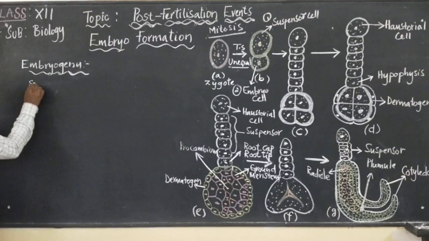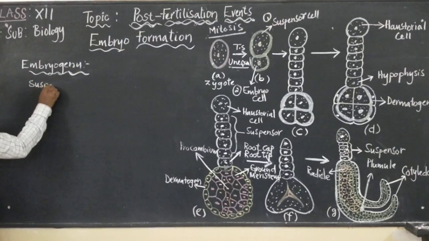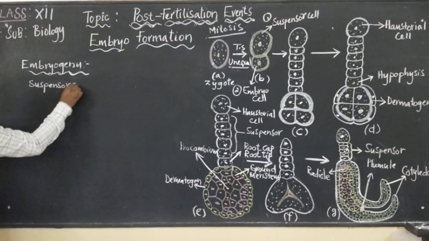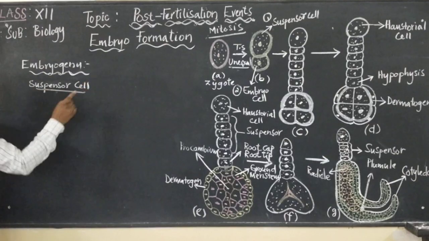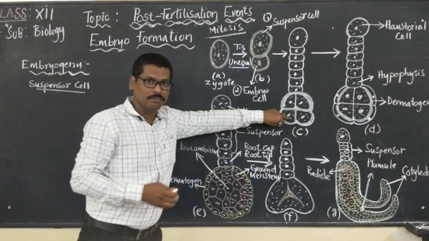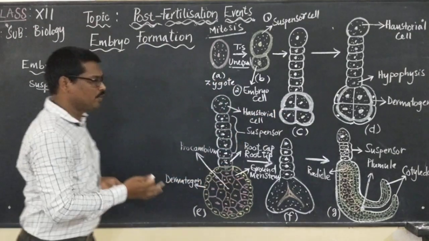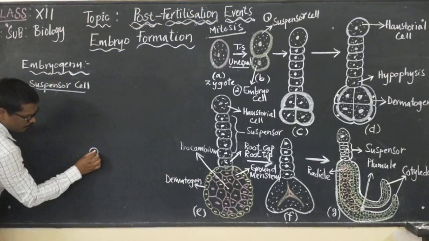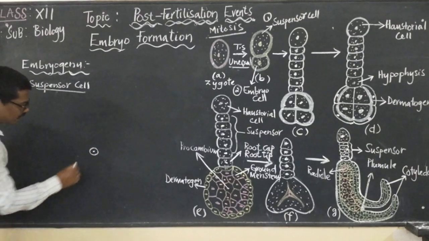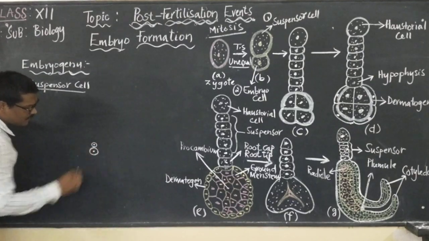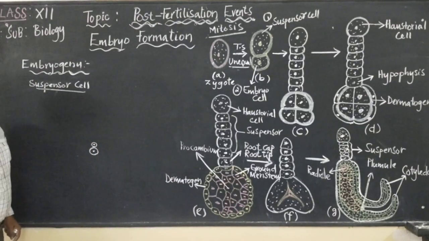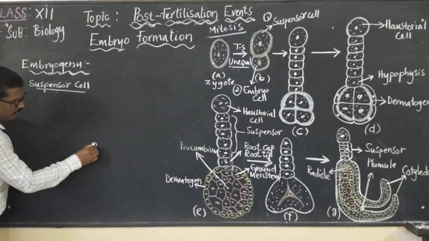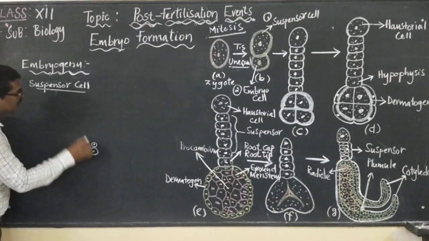I am going to show you this diagram in an inverted way in an ovule. Here is the suspensor cell, and the small cell is the embryonal cell.